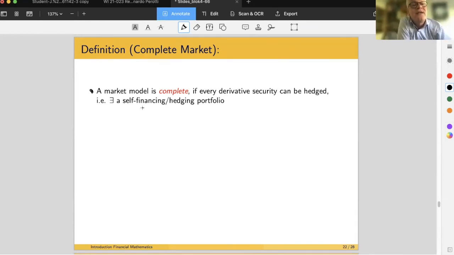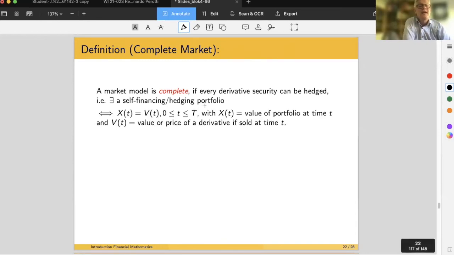So if there is a self-financing portfolio, also called a hedging portfolio, so that at any time little t, between 0 and capital T, X_t is equal to V_t. The value of the portfolio process is equal to the value of the option. Where X_t is indeed the value of the portfolio at time little t, and V_t is the value or the price of the financial derivative if sold at time little t.